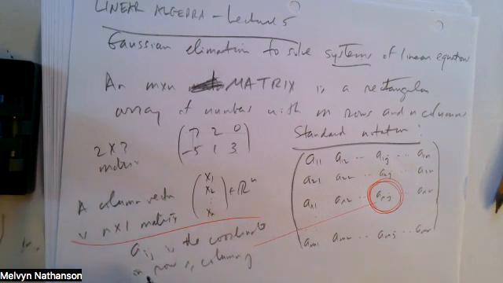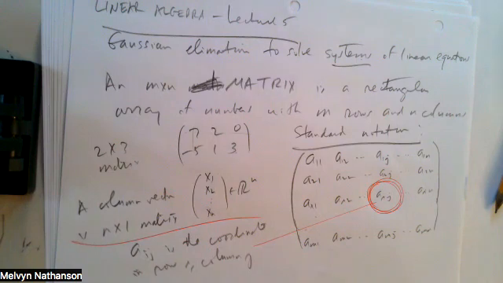So each coordinate is doubly subscripted, and the first subscript is the row, and the second subscript is the column.